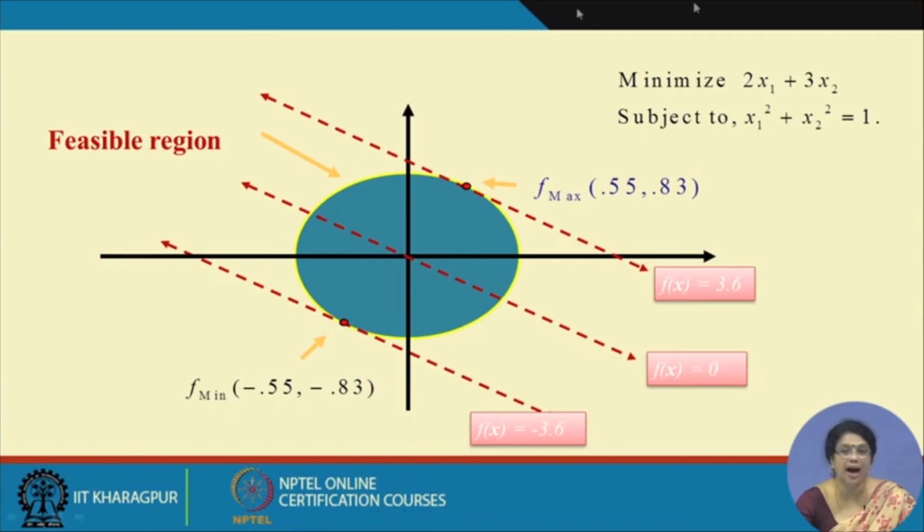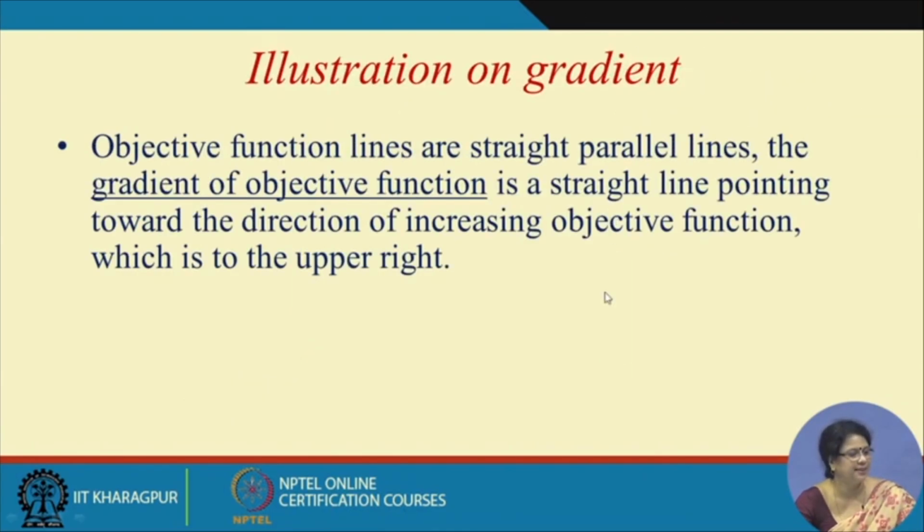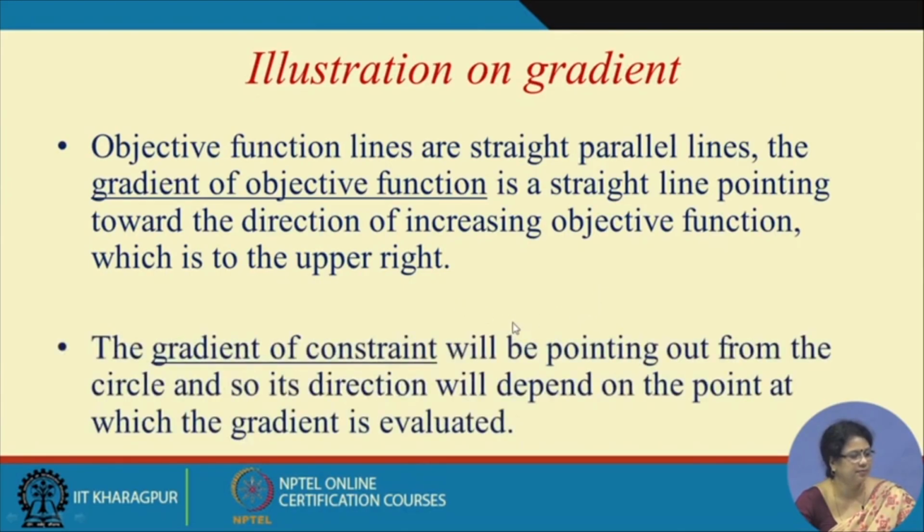With this idea, just see a nice fact in the next slide. If I say it verbally, the gradient of the objective function is a straight line pointing toward the direction of increasing objective function, and the gradient of the constraint points out from the circle, its direction depending on the point at which the gradient is evaluated.